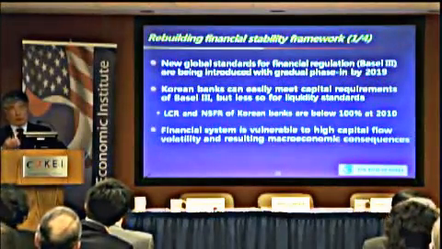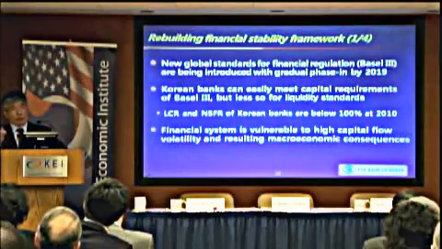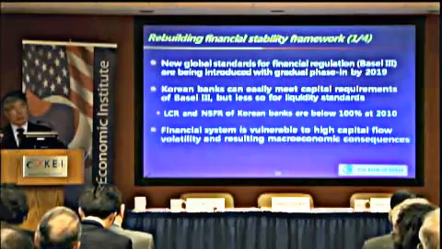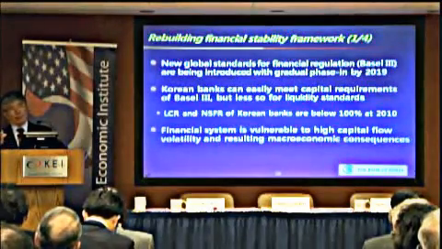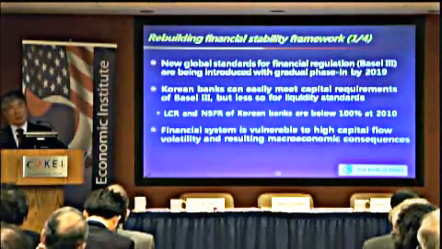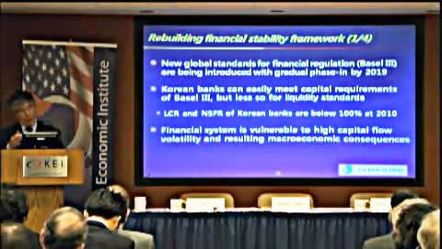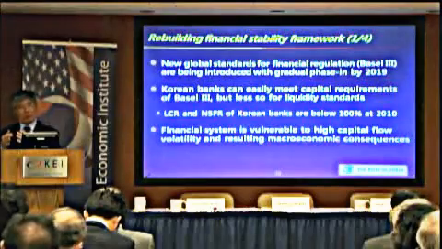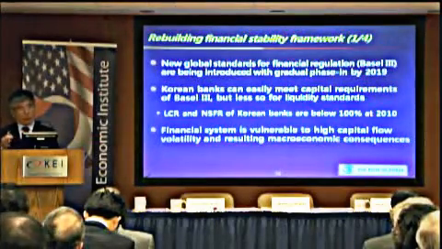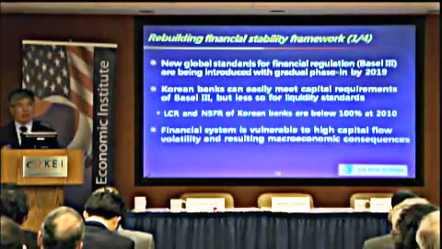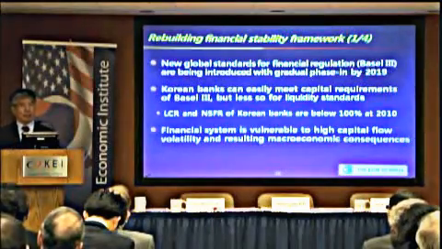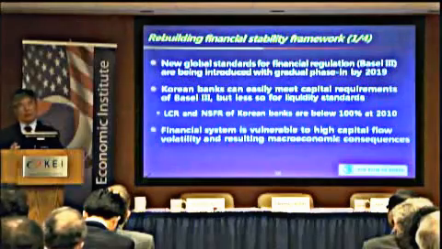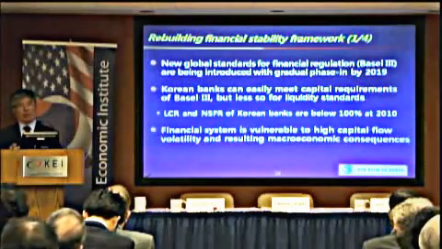For the case of LCR, as many of you know, that's a ratio of liquid assets relative to 30-day net cash outflow. So how much liquid assets you have as compared to the net cash that the banks need for 30 days of activities. That should be 100%, but our statistics currently show a little lower than 100%.